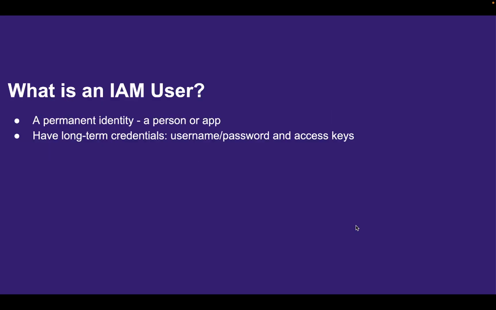So IAM users, okay, these are what we call permanent entities. By that we mean a person or application that will have what we call permanent or long-term credentials. What are these credentials? The credentials are the username and password, or what we call the access key and secret key.